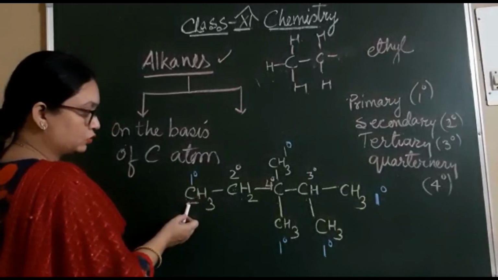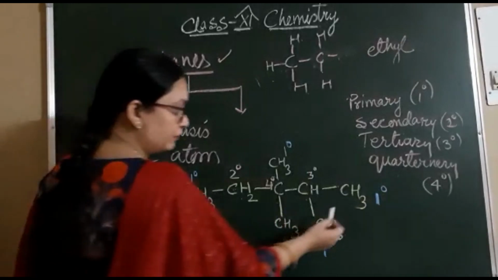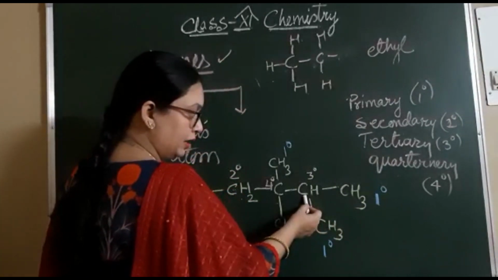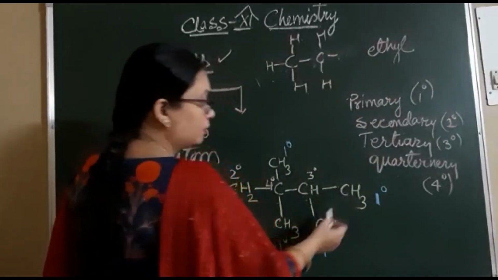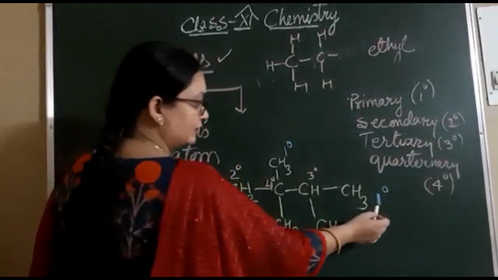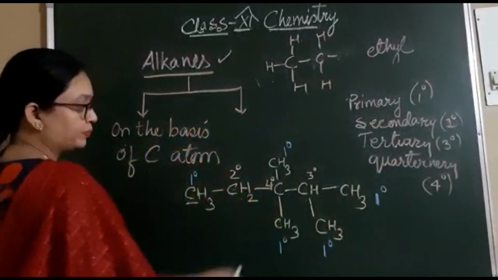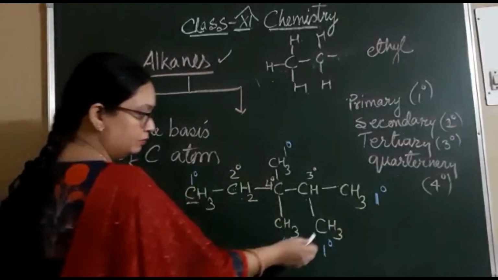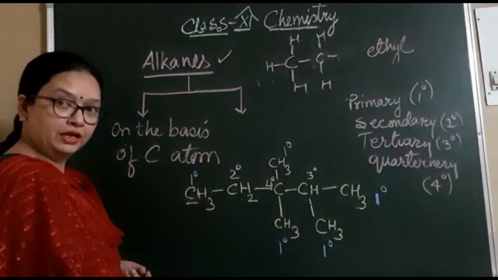So this carbon is called a primary carbon atom. If you see this corner, this carbon is connected with one other carbon atom. So this is called a primary carbon atom, and in short it is represented by 1 degree. Similarly, you can see these side chains. This represents a primary carbon atom, and this also represents a primary carbon atom.